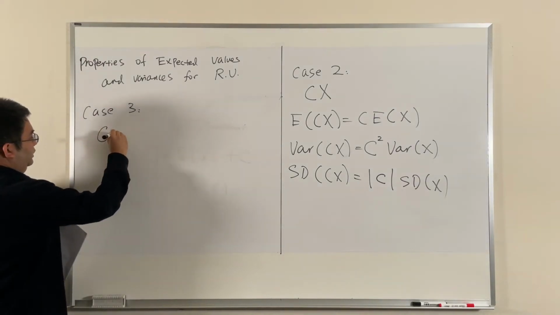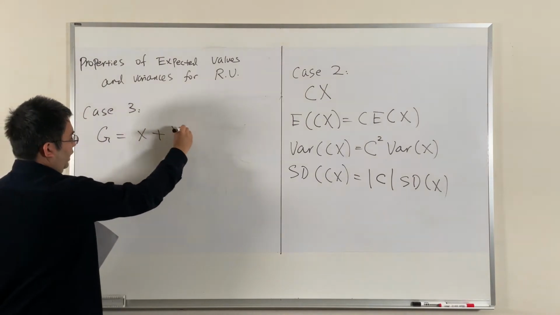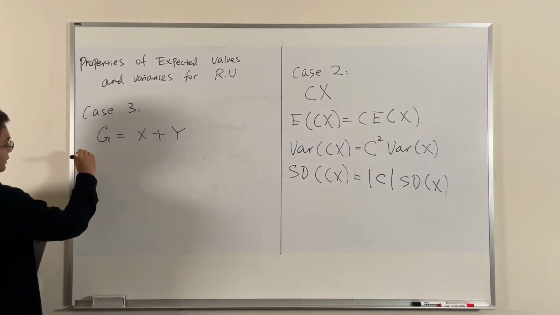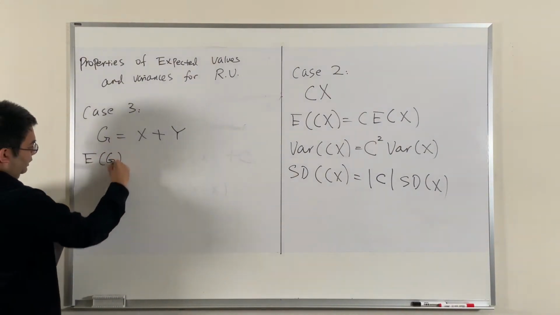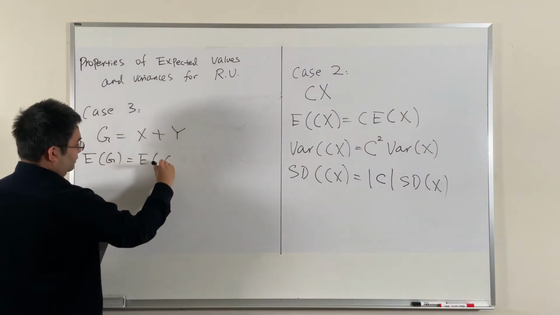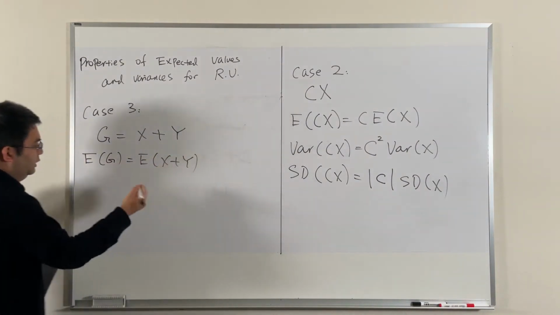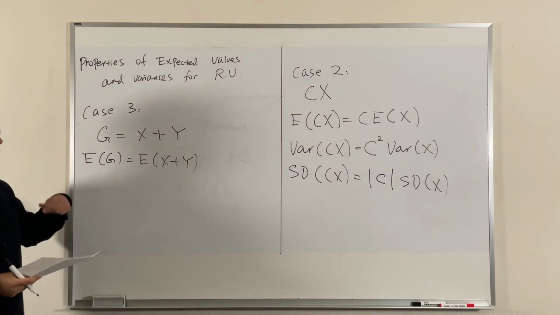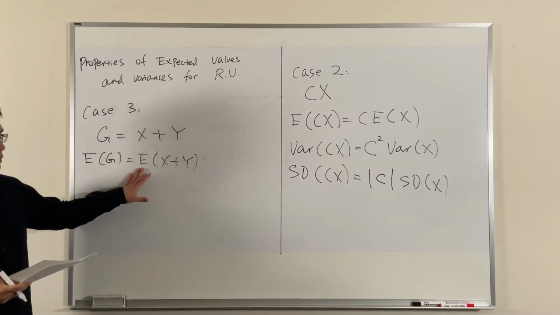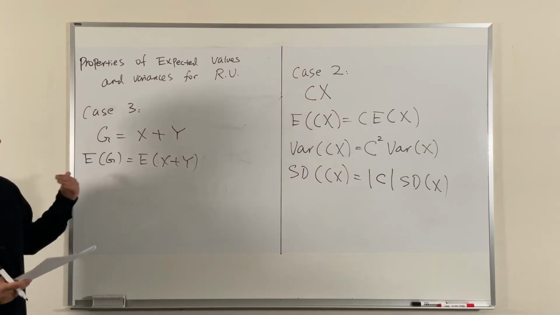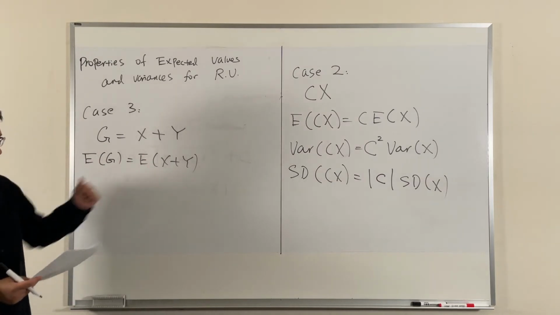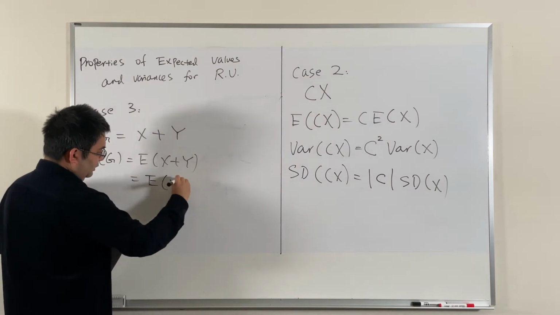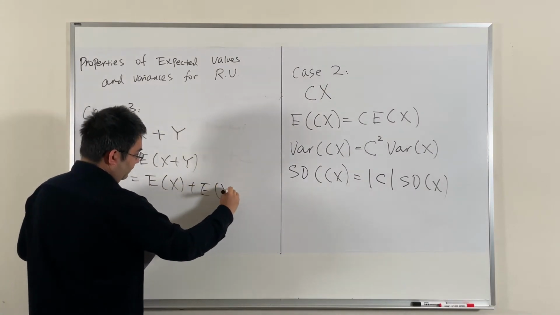So g equals x plus y, both random variables, and we take the expected value of g, which equals the expected value of x plus y. One thing you need to know here is that the expectation operation is linear. So this is just the expected value of x plus the expected value of y.